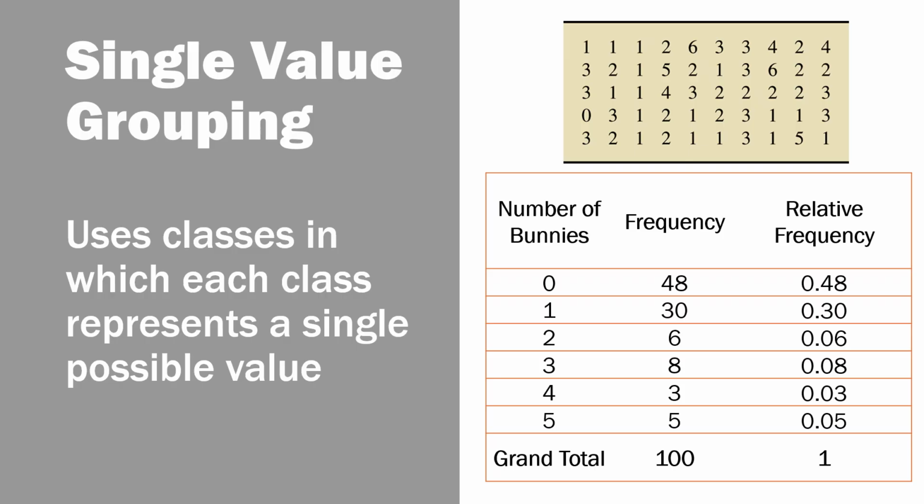The staggering amount of people that owned no bunnies is crazy to me because they are the best pets. But what you can see here is that most people owned 0 bunnies, and then it went all the way up to 5 bunnies. And we could create a relative frequency based on this categorization on the number of bunnies.